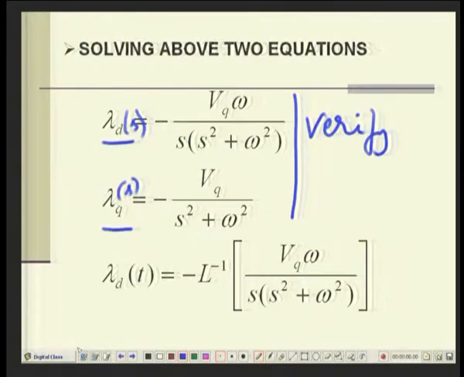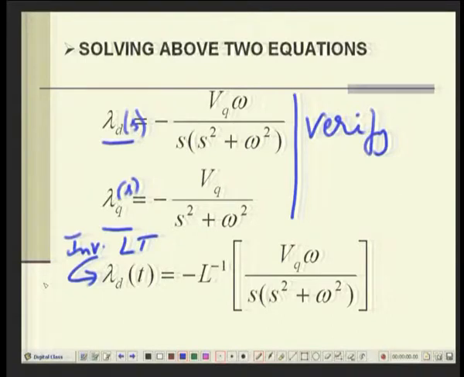Once you have lambda d lambda q in terms of Laplace transform, I hope all of you are aware of Laplace transforms, okay, right. So, its inverse Laplace transform will give you lambda t, is not it. When you have lambda d s is this and lambda t will be the inverse of this, is not it. Laplace transform inverse of this term.